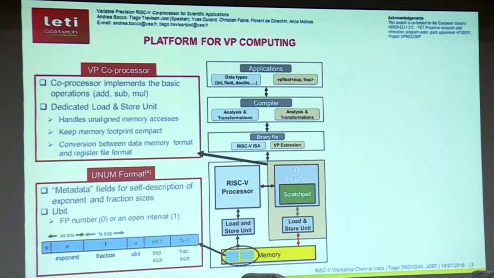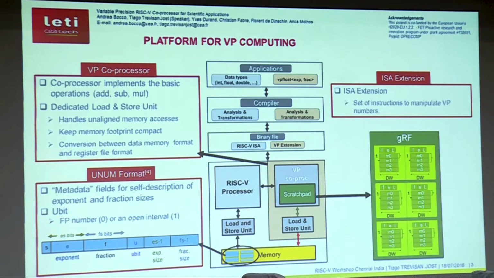One very important thing in this architecture is how the numbers are stored in memory. We use a UNUM format, which is different from IEEE and gives us metadata inside the number to tell how many bits we have for the exponent and for the fraction. That way we have numbers with different precisions in the same format.